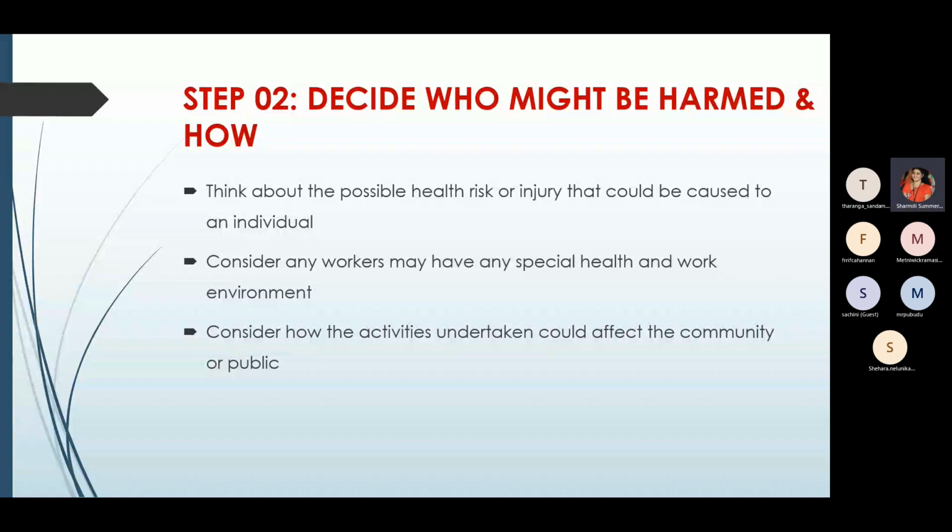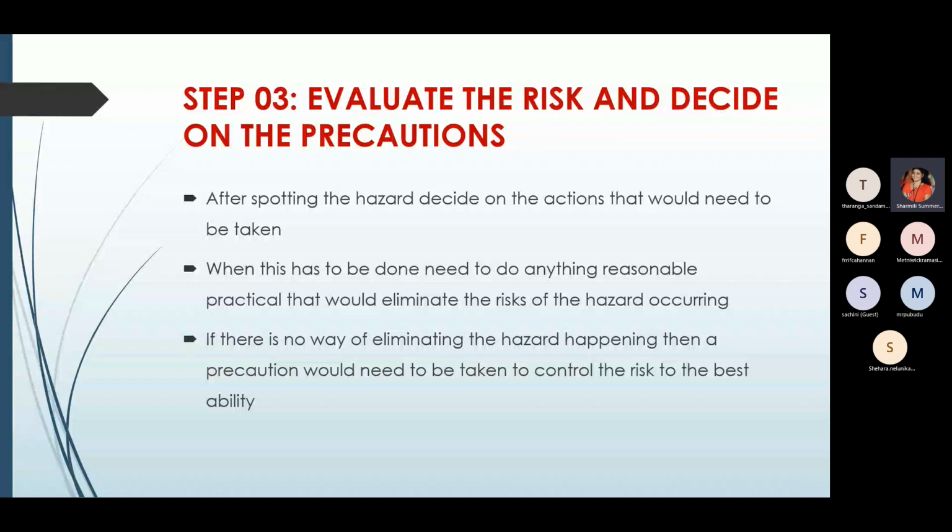Then step 3, evaluate the risk and decide on the precautions. Now we are evaluating after spotting the hazard, and deciding on the actions that need to be taken. First we identified that the hazard is a chemical hazard.